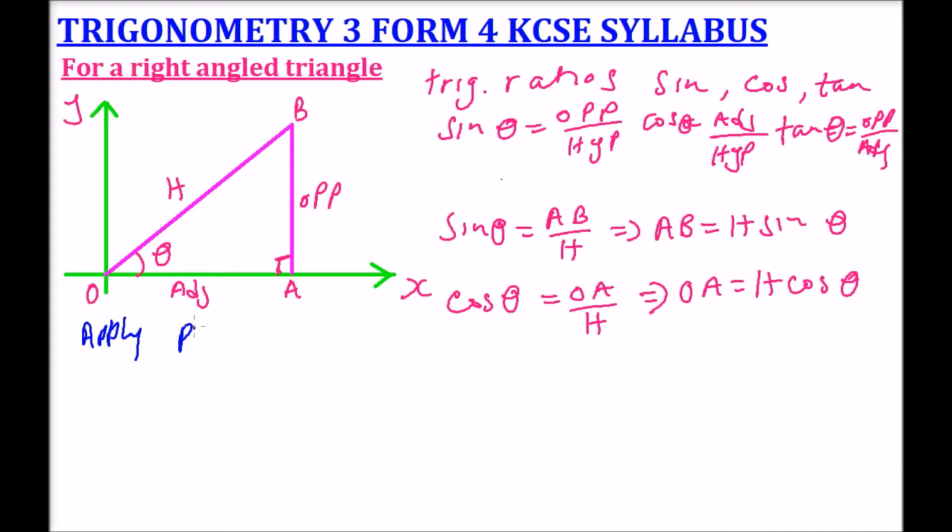Since this is a right angle triangle, we say that OB squared is equal to OA squared plus AB squared.